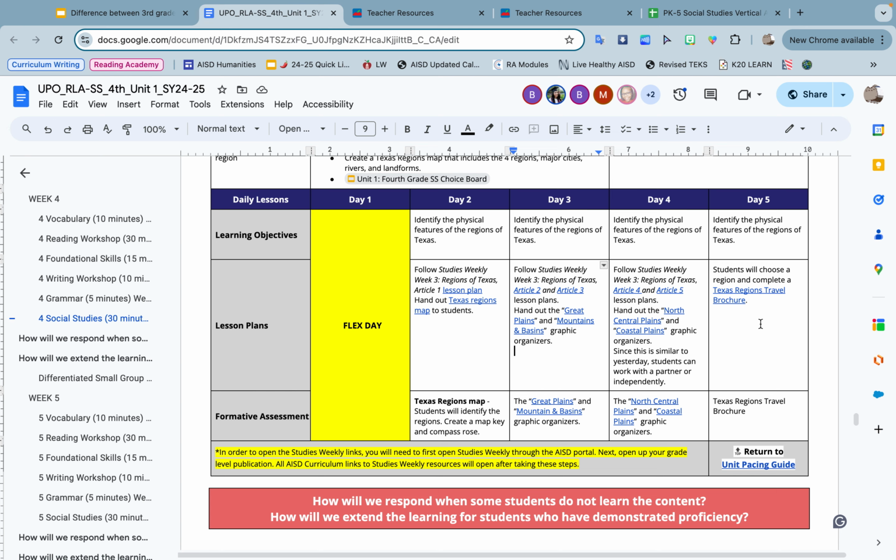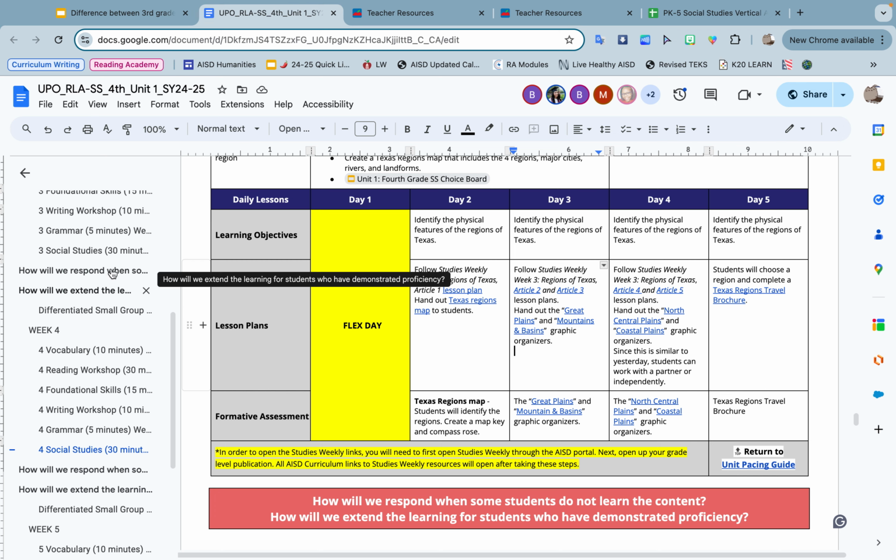So the format of the week sometimes might be that they'll get the content. They might do some independent or partner work going through the Studies Weekly. And then completing a final project about it.